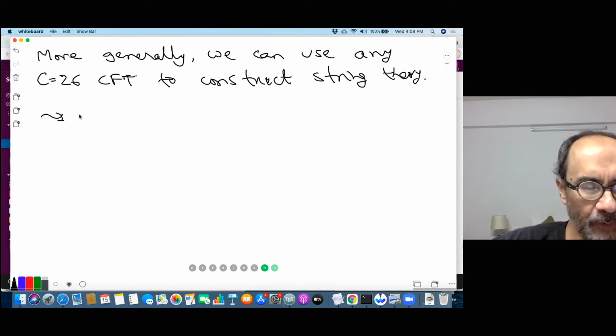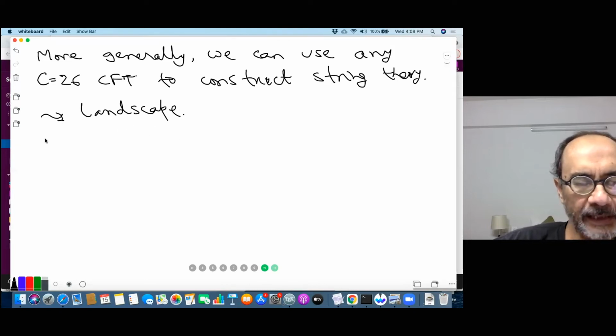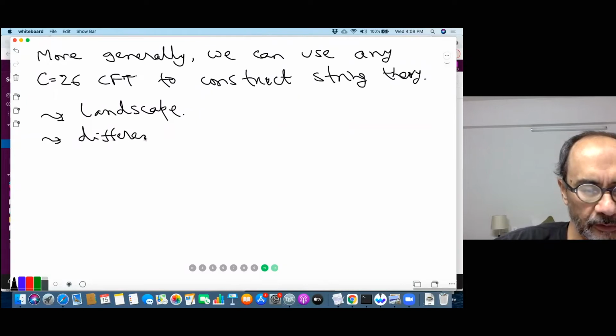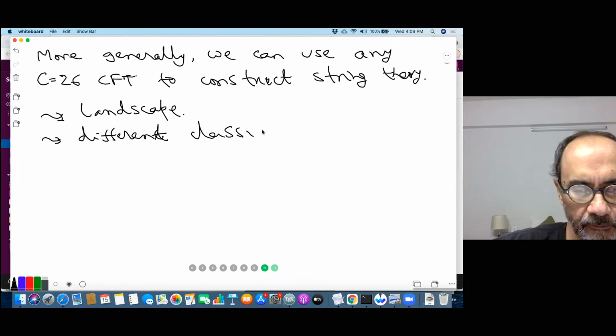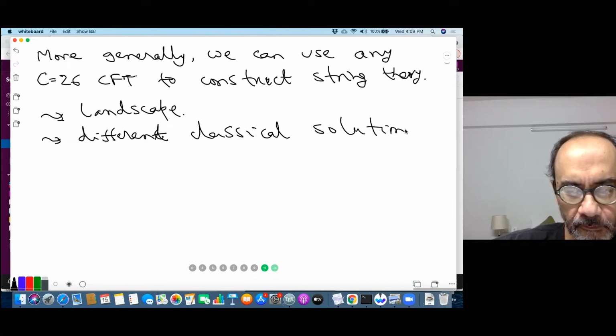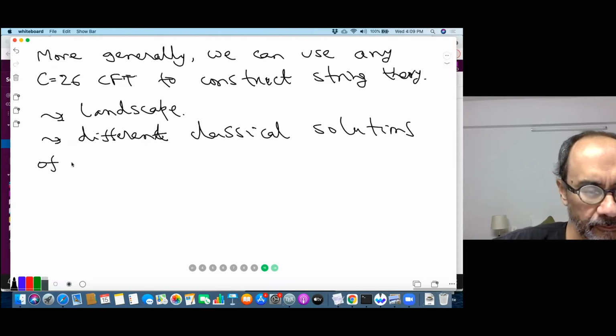So this is sometimes known as the landscape. And physically, we can think of this as different classical solutions of some string theory.